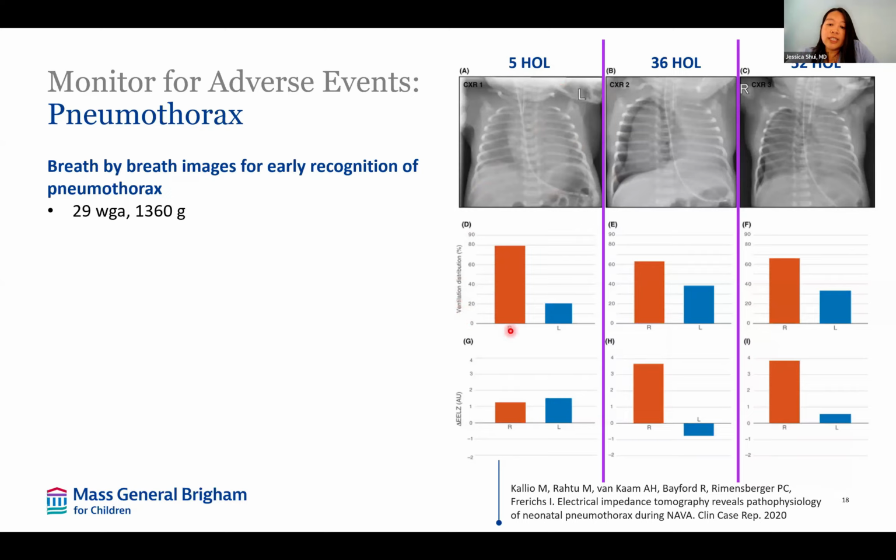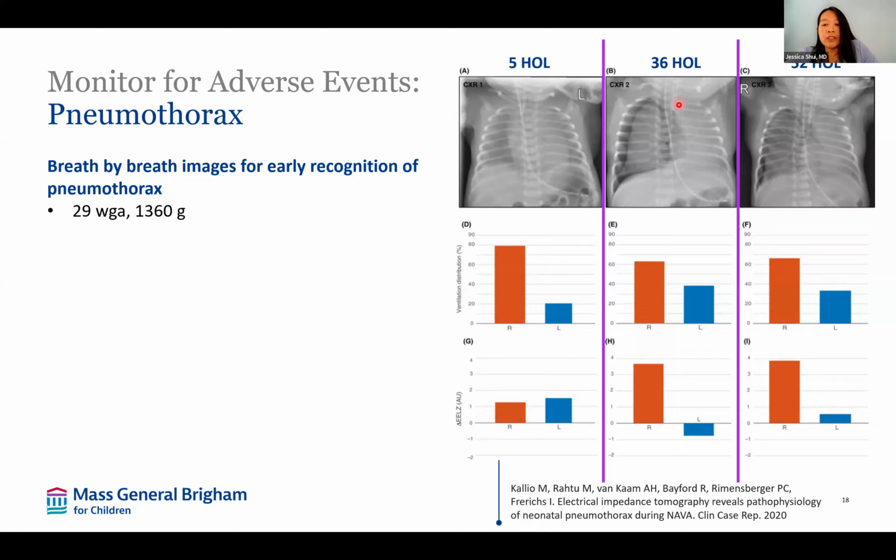The orange is the right lung, the blue is the left lung. And this bottom graph shows the expiratory lung impedance, which is a surrogate for your functional residual capacity. There's concern here, retrospectively, that when they gave the surfactant, it may have been unequally distributed, because you had more aeration on the right side compared to the left.